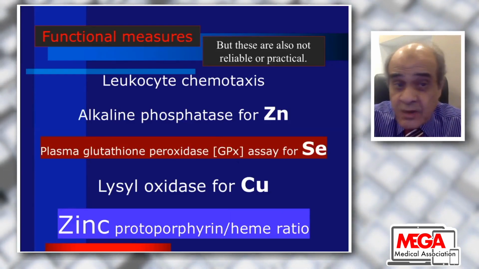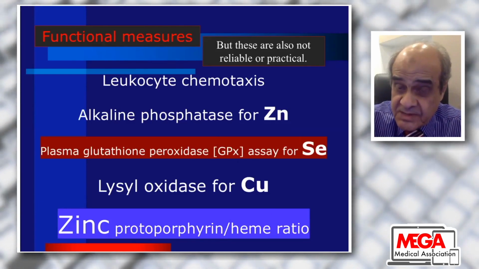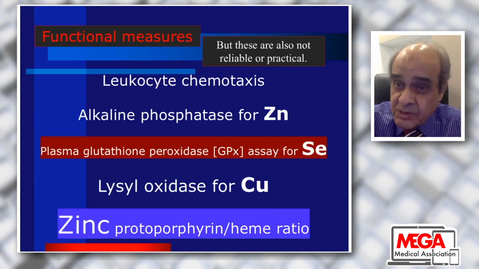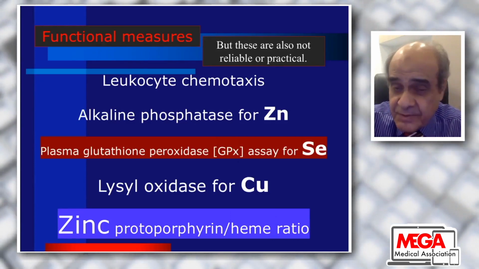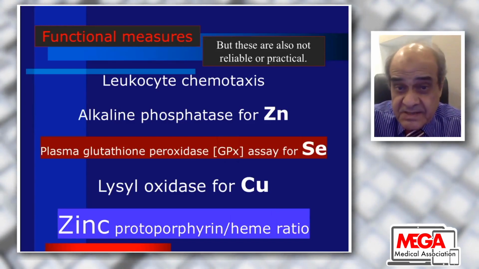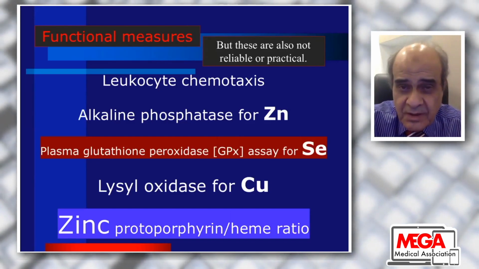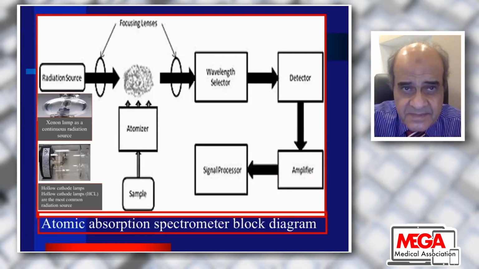So if the serum glutathione peroxidase is optimum in its concentration, you'll be sure the selenium is in adequate amount in the patient's body. Lysyl oxidase for copper, zinc protoporphyrin and the heme ratio, and so on. We can depend on the enzyme system.